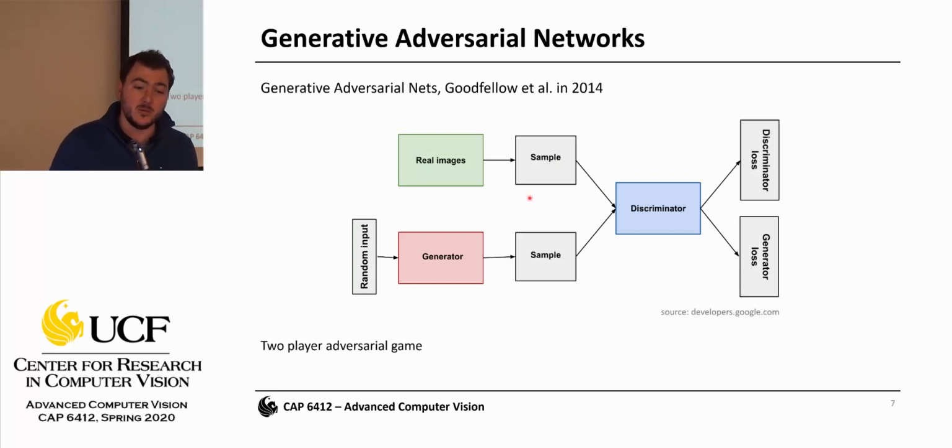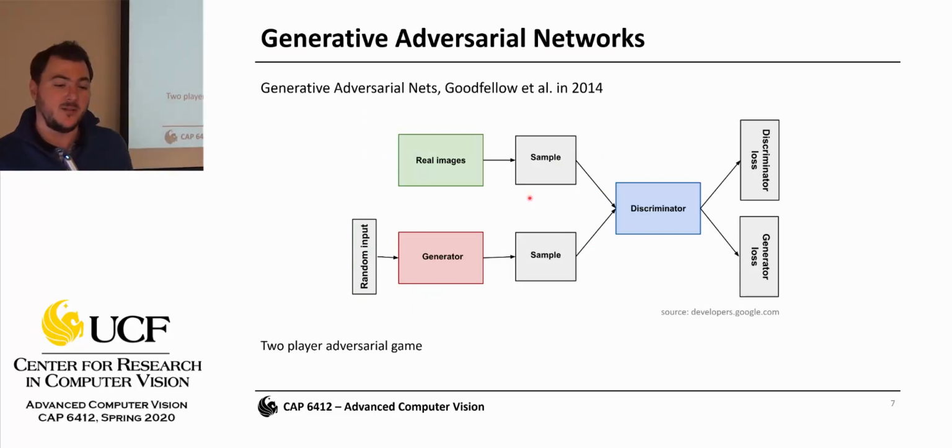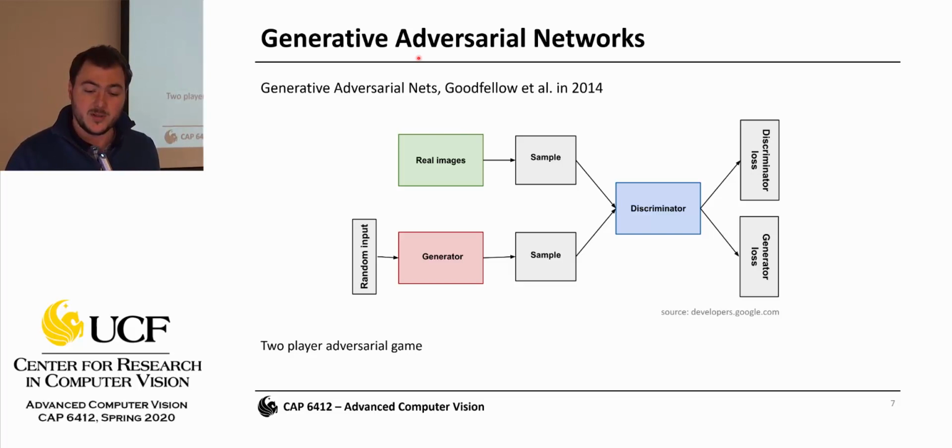So a quick overview of what a generative adversarial network is. It was first introduced by Goodfellow et al. in 2014, and the main idea is that you have two neural networks: the discriminator and the generator.